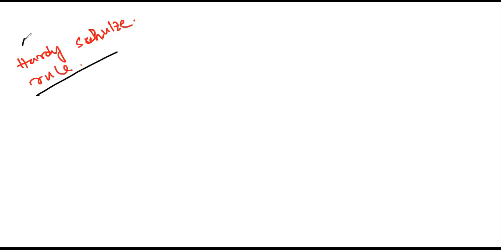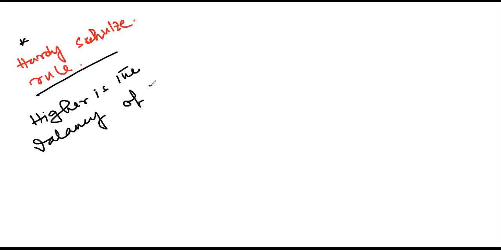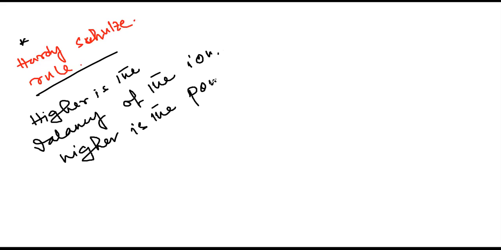Very simple actually. You can say that higher is the valency of the ion, higher is the power of precipitation.